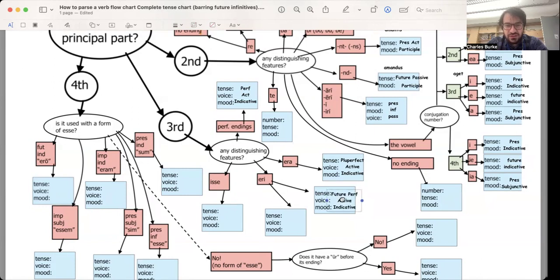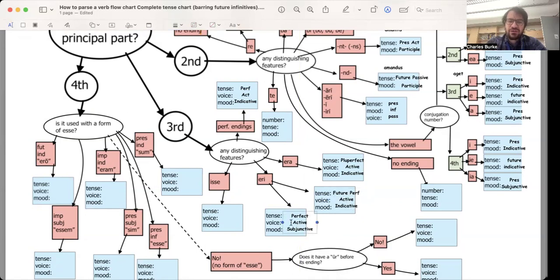Or alternatively, this is also how we form the perfect, active, subjunctive. So the future perfect active indicative and the perfect active subjunctive are identical, except that if you get something like amawero, that's active future perfect indicative.